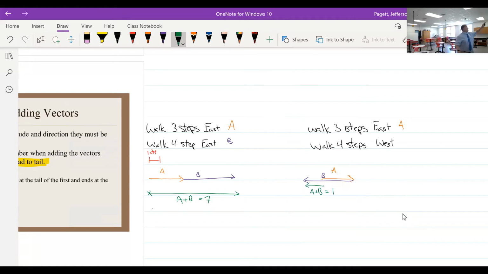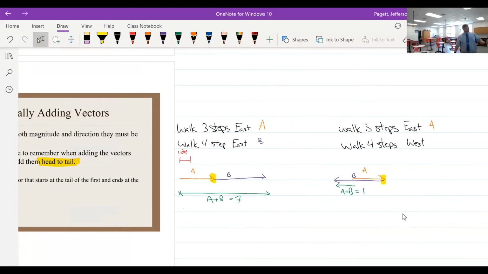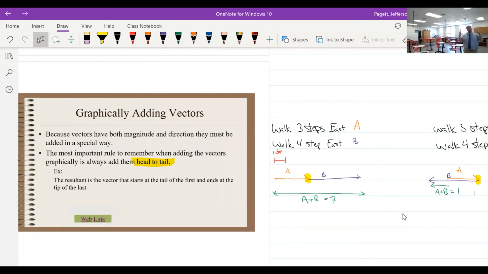Okay? So the rule of thumb is that whenever you're drawing these, you have to add them head to tail. And I'll highlight that right here. Added head to tail. Added head to tail. Okay? So we're going to practice this a lot tomorrow. But the result, those green lines, is called the resultant.